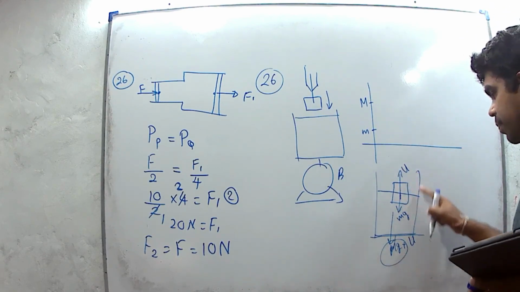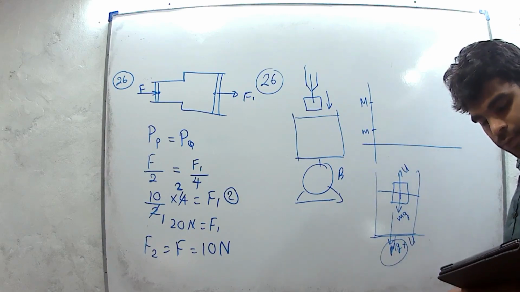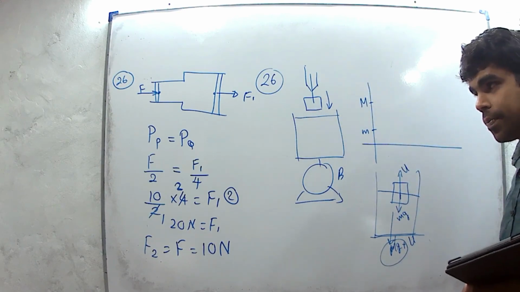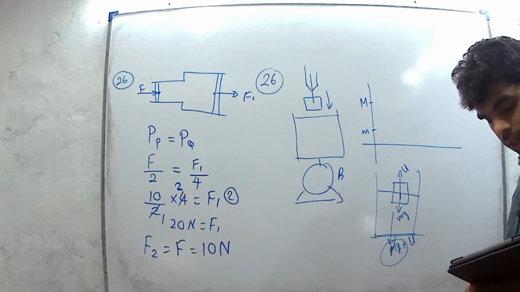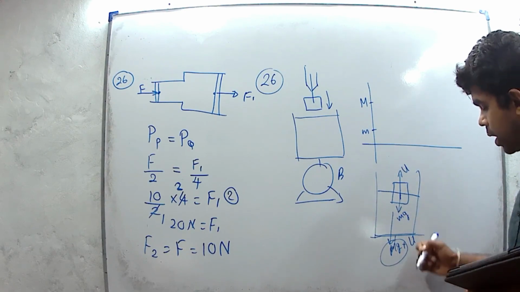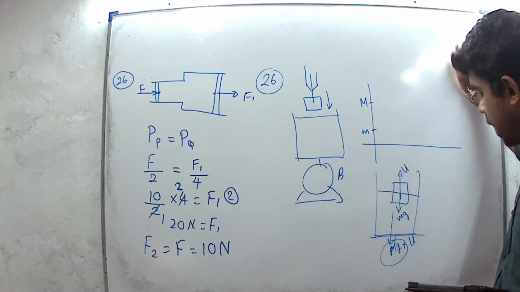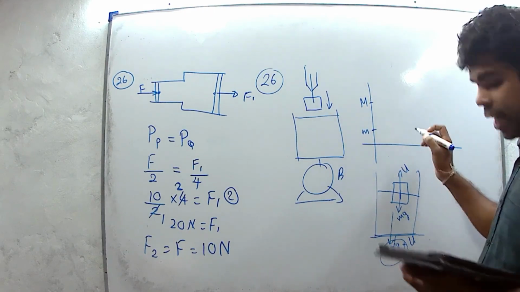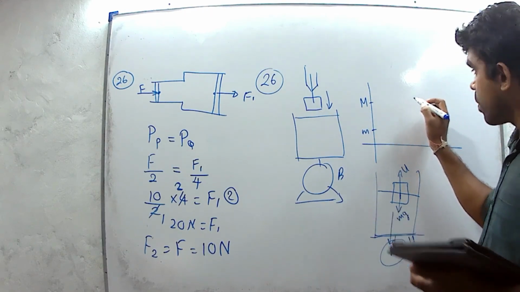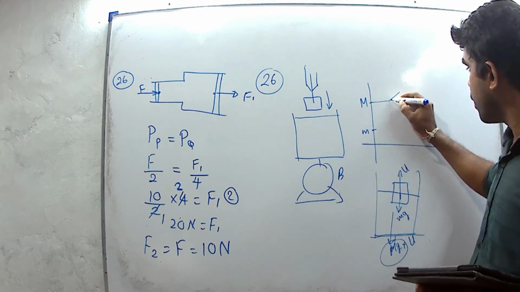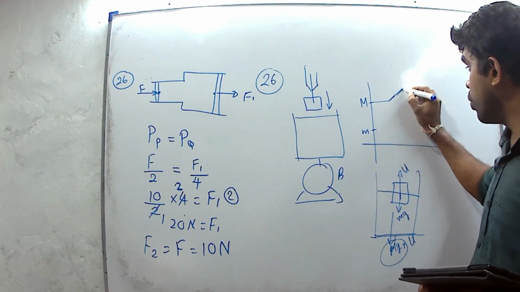According to this, the reading of the A scale should decrease. Then reading A is decreasing, but reading B should increase because there is a downthrust. Then reading B is increasing with immersed volume.